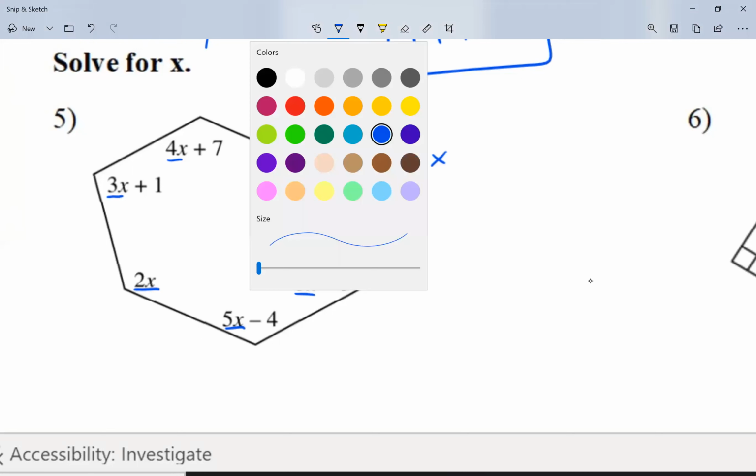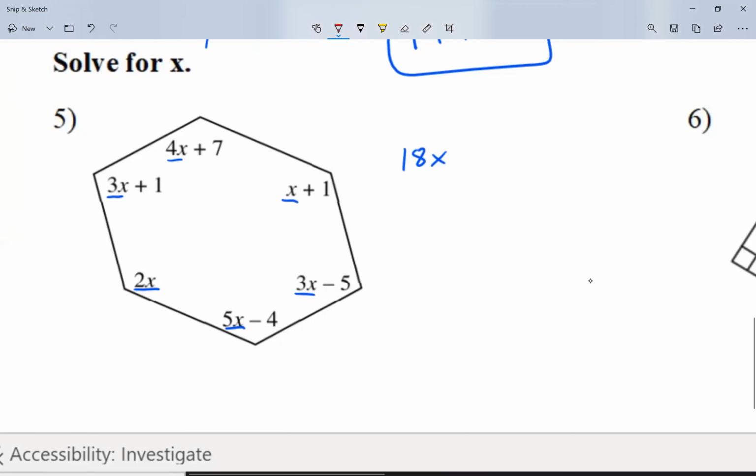And then I combine those terms that don't have a letter. So 1 plus 7 plus 1 minus 5 minus 4. That's 0. Okay, I'm not going to write plus 0. I'm just not going to write it. And this is equal to, now I wish I knew how much all the angles added up to. I have 6 angles, right? I count how many angles I have. There's 6 of them. So for me to know how much all of them add up to is 4 times 180.